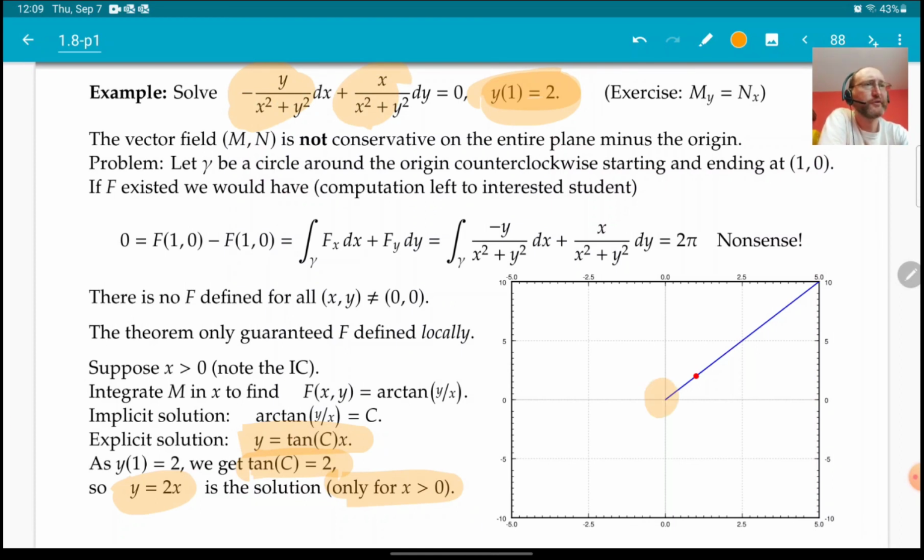So you kind of go through the origin, but it's this line. That's the solution, and here in red is the initial condition, right? So it looks scary, but it has a really simple solution, but again, not one that exists globally.